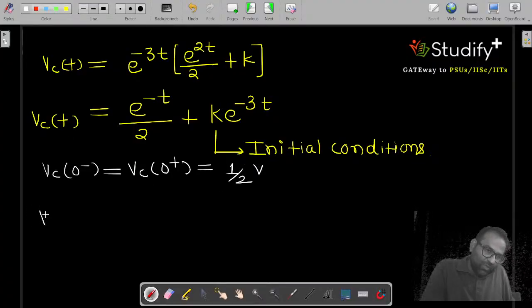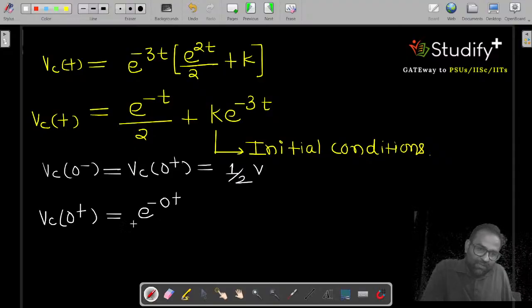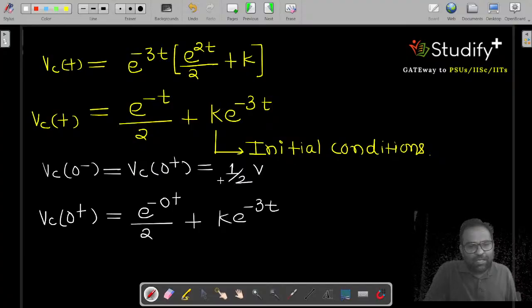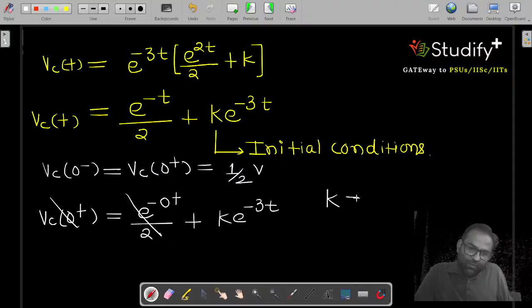If we write the solution, VC0 plus equals e to the power minus 0 divided by 2 plus k into e to the power minus 3t. VC0 plus is already given, it is half volt. So half volt and e to the power 0 divided by 2 is also half volt, they cancel. So what is the value of k? The value of k is 0. If the value of k is 0, what is the solution?